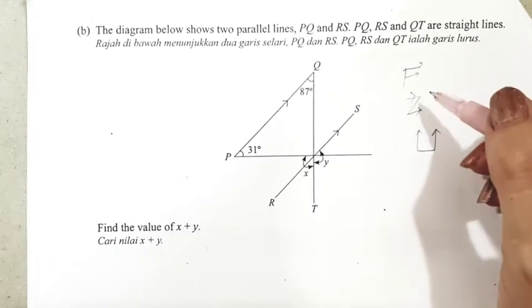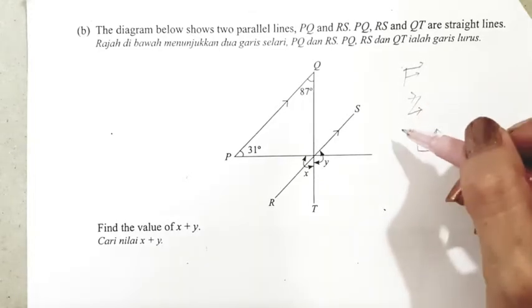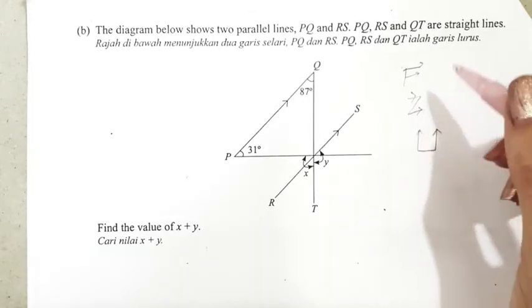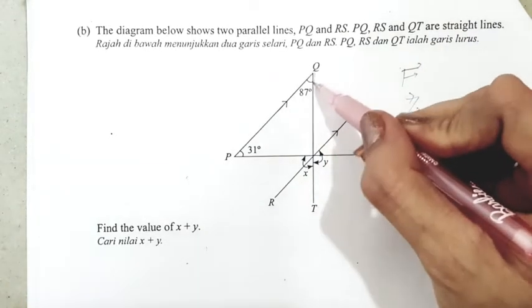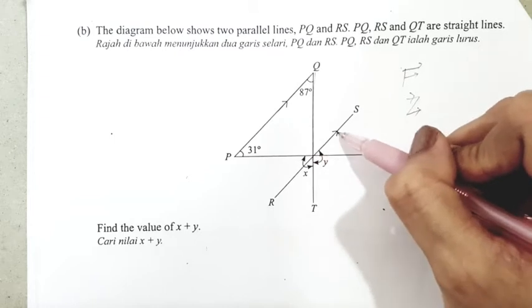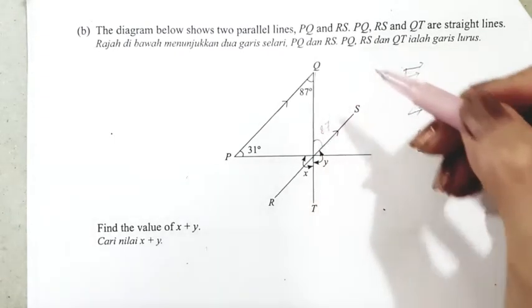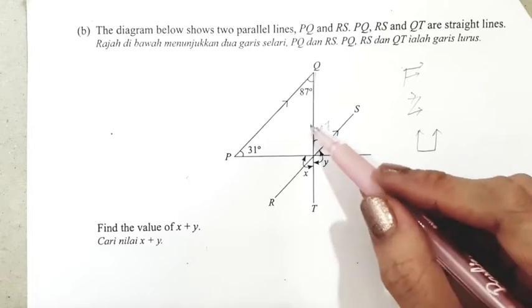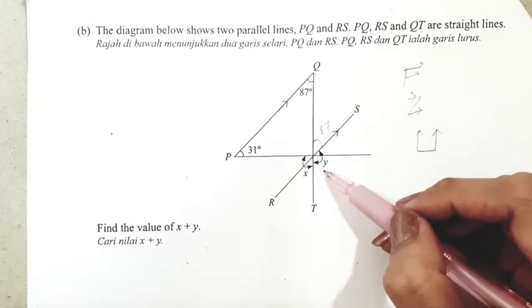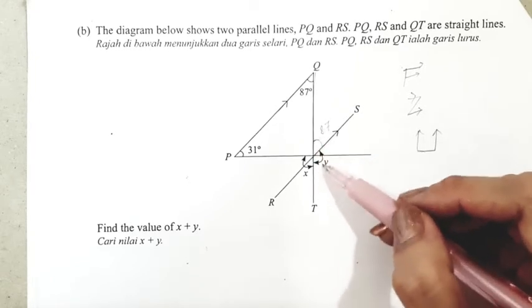So over here, the first one that I see is the Z, the alternate angle. Do you see this one? So let's put this down. This is 87. Okay, so from here, I can find the Y right away because it's a straight line.